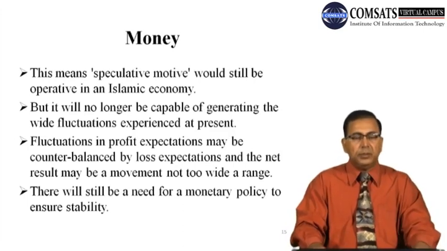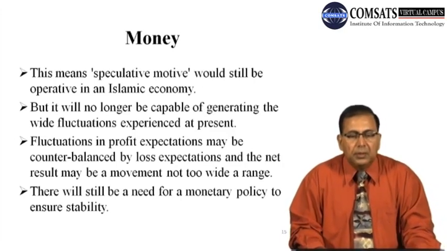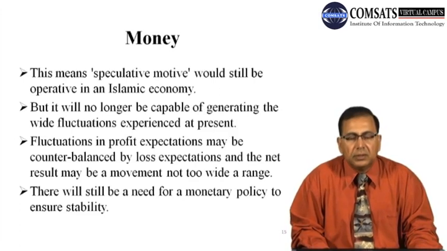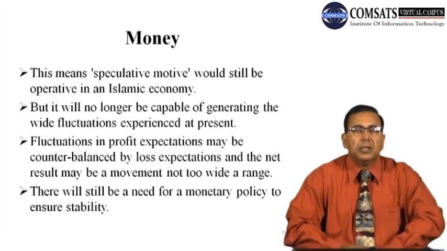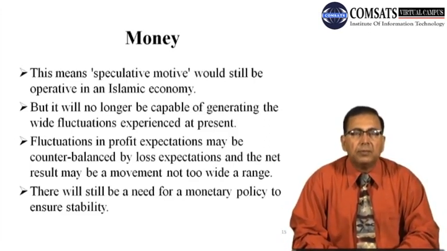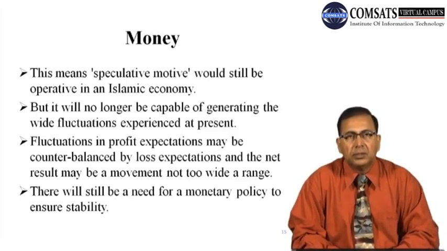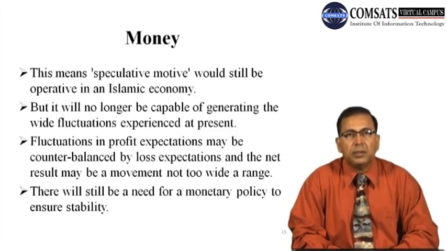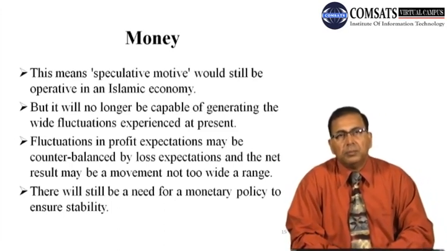Dear students, excuse me. In the conventional system it creates a lot of fluctuations. The holding of cash is one of the reasons which have been shared in the economics literature for the Great Depression. It was due to the speculative attitude of the people.